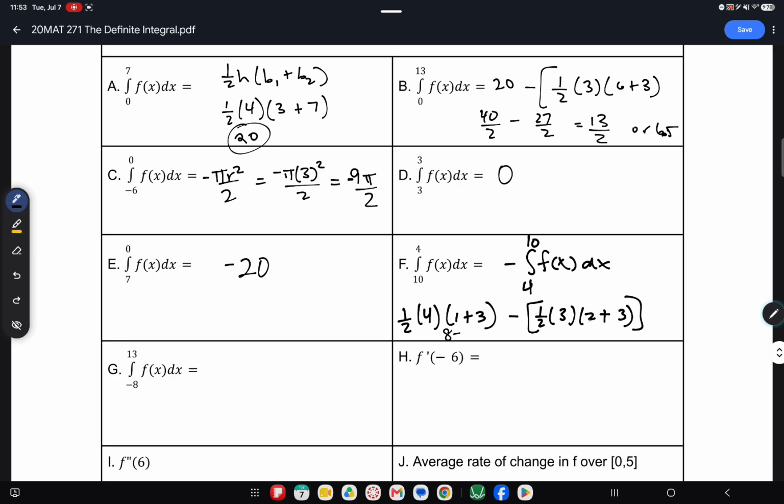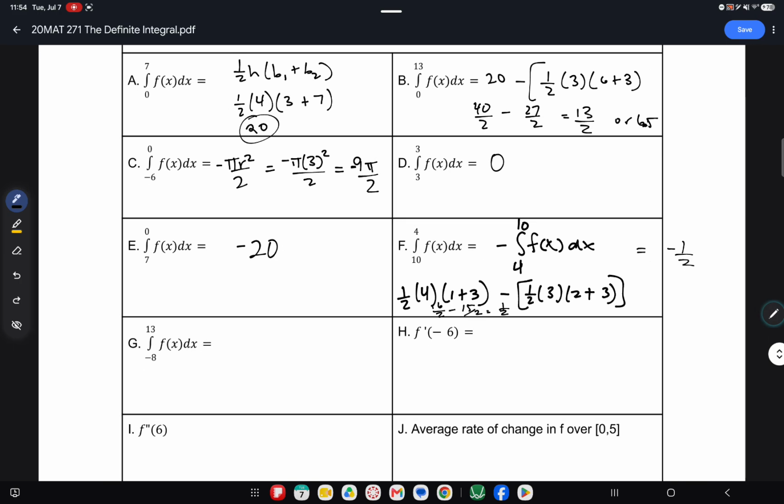And then we have 5. 5 times 3 is 15, so it's 15 over 2. And then we'll change that 8 to 16 over 2. So I get 1/2. But remember, it's the negative of it. So it's actually going to be an area of negative 1/2 because we were going backwards, right?